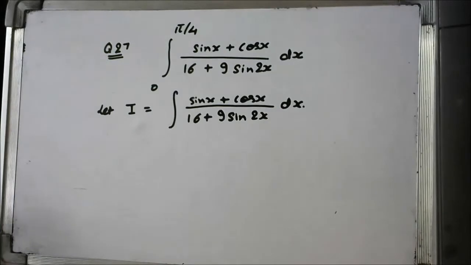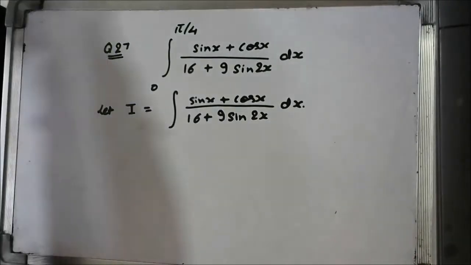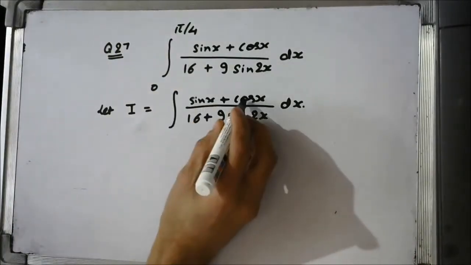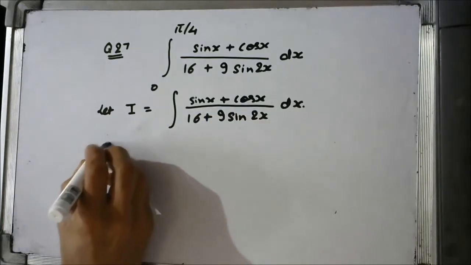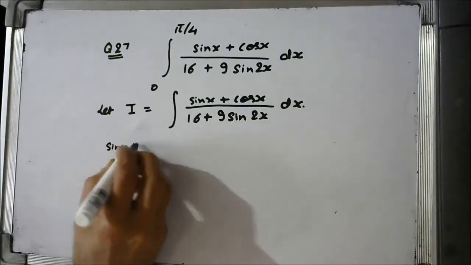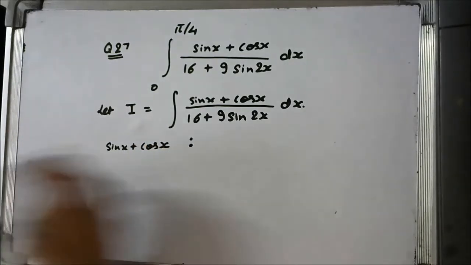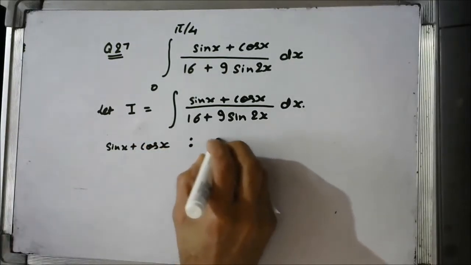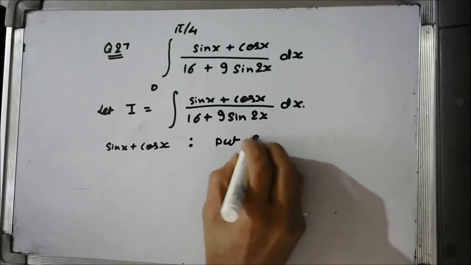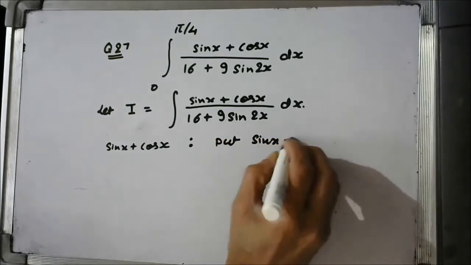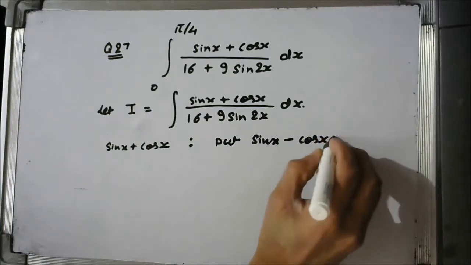Now whenever we wish to solve this type of question, our hint for substitution is the numerator. If in the numerator we have sin x plus cos x, then the substitution should be sin x minus cos x as t.